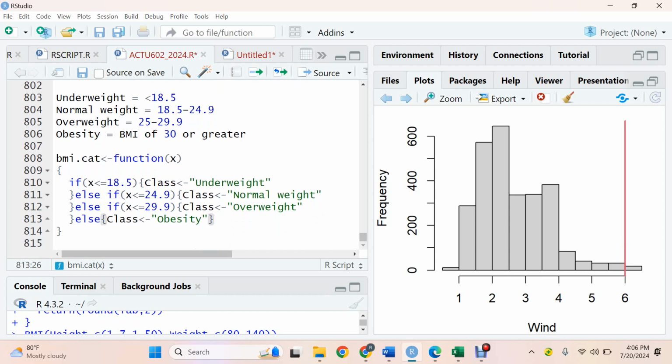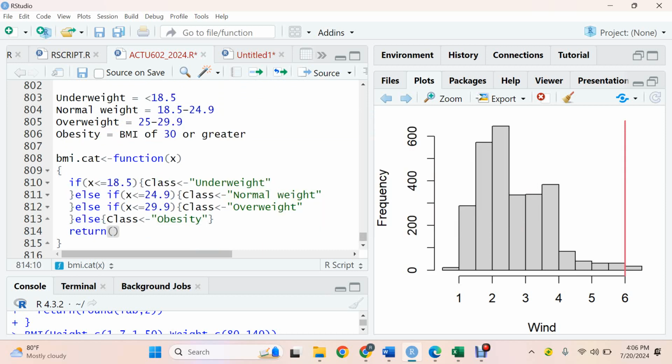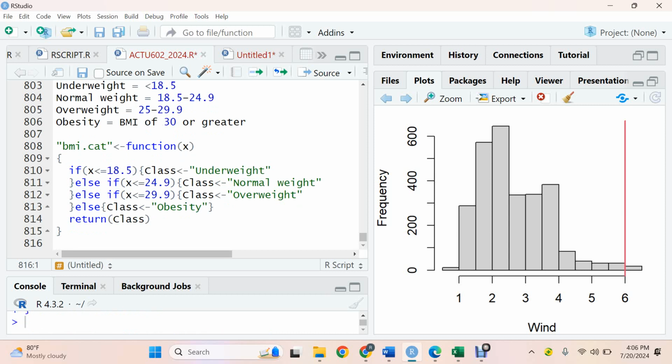This function, you remember that it must have some return. Okay, so what are you returning? You are returning the class of the person. Okay, so now let's see, BMI category. Okay, so there it is.